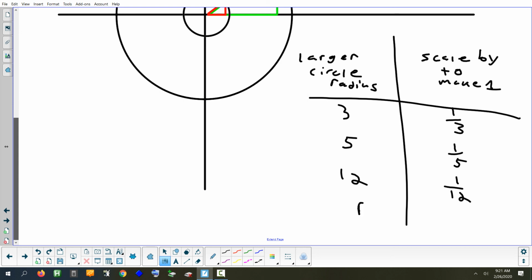Now, what if your circle was a radius of r? What would you scale it by to make it 1? 1 over r. That's the key. If you divide by r, that's what makes this formula work. So all you have to do is this. In our original circle, we had x.